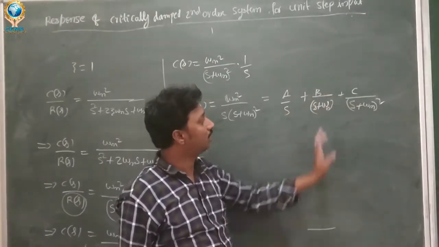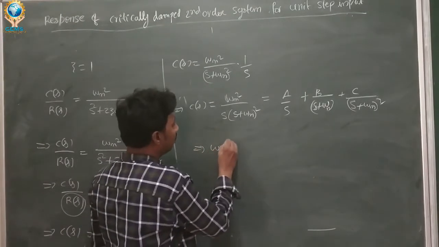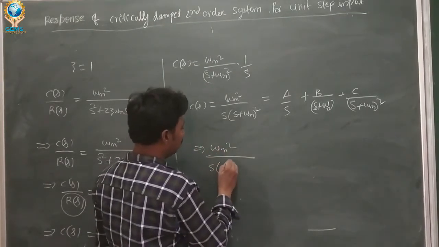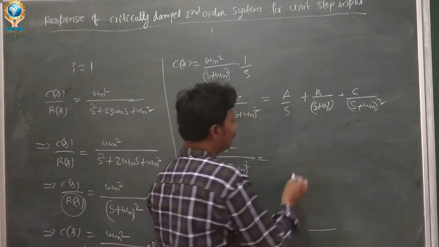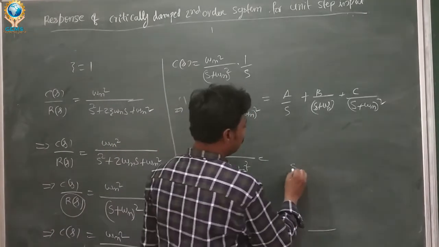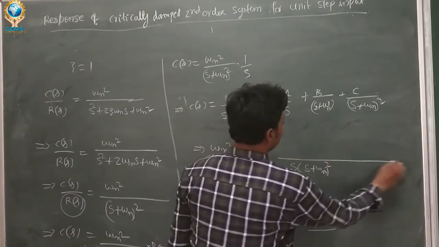Now we have to find the A, B, C values. Omega n square over s into s plus omega n whole square. So what is the LCM here? The LCM is s into s plus omega n whole square, right?